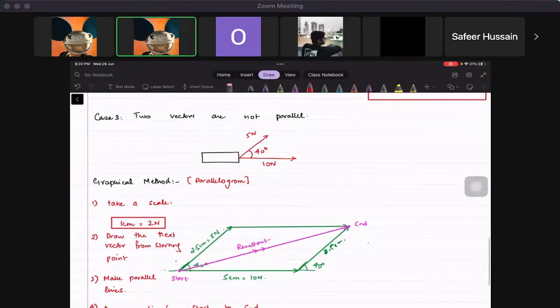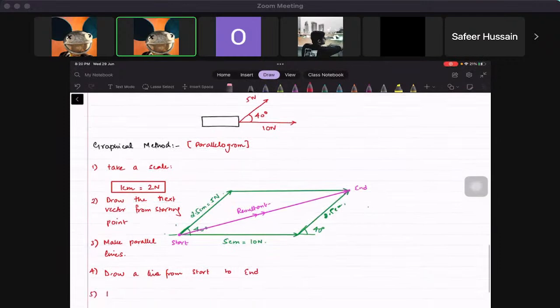What you do next is measure the length of the resultant using a ruler. Let's suppose that the resultant R came out to be like 14 centimeter.